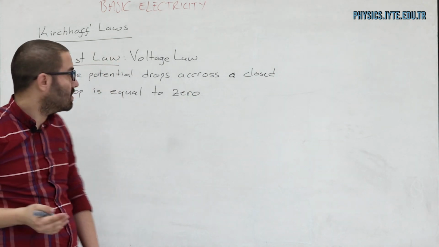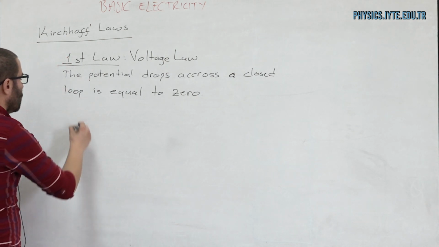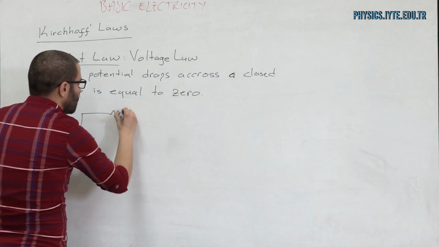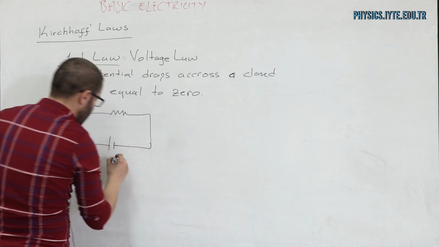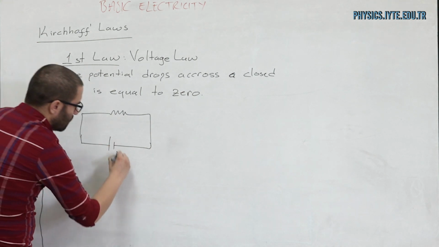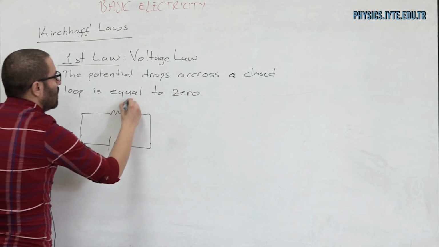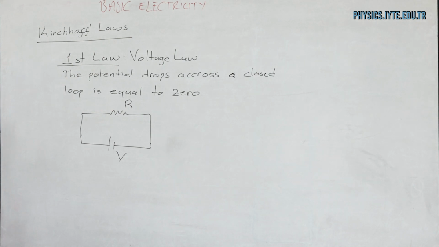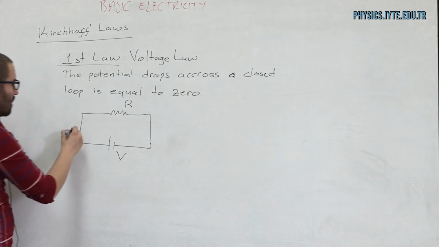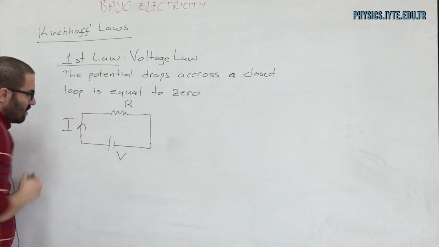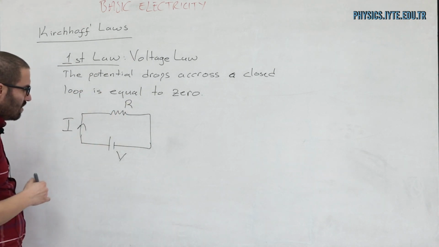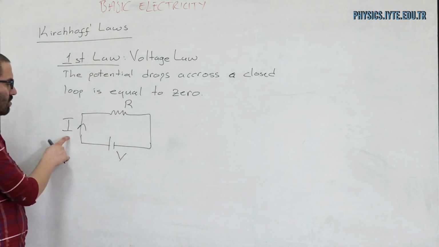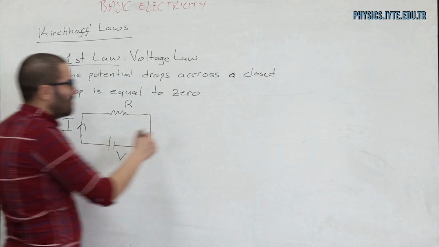Now, in order to see this more clearly, we can reconstruct our circuit that we used in the previous part with a voltage supply V and the resistor R. Then we are going to have to assign a current to the circuit. For this easy circuit, it is logical to assume that the current flows in clockwise direction. However, the choice of the direction of the current is arbitrary.